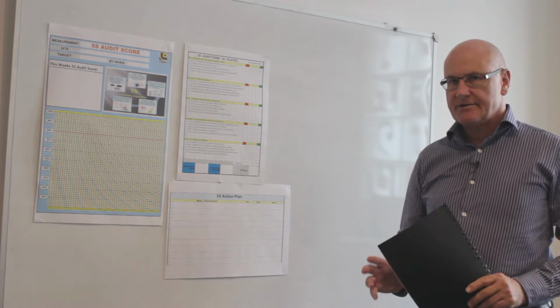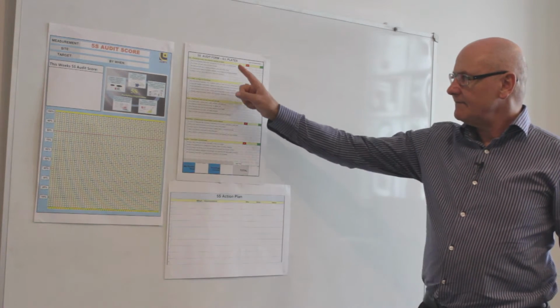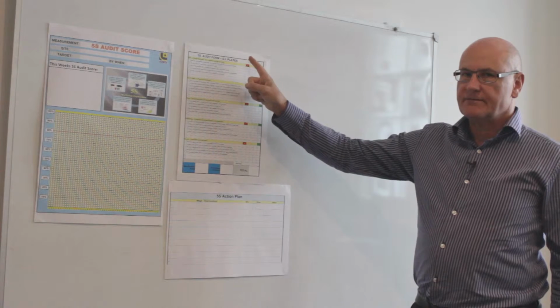What I'd like to talk to you about now is the 5S audit process. Now, the audit process is the foundation for continuous improvement. So the first part of the audit process is ensuring that each work area has their own 5S audit form.